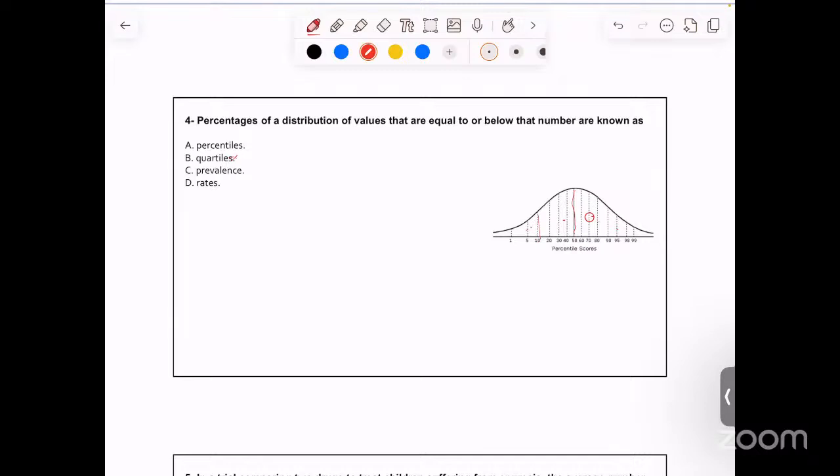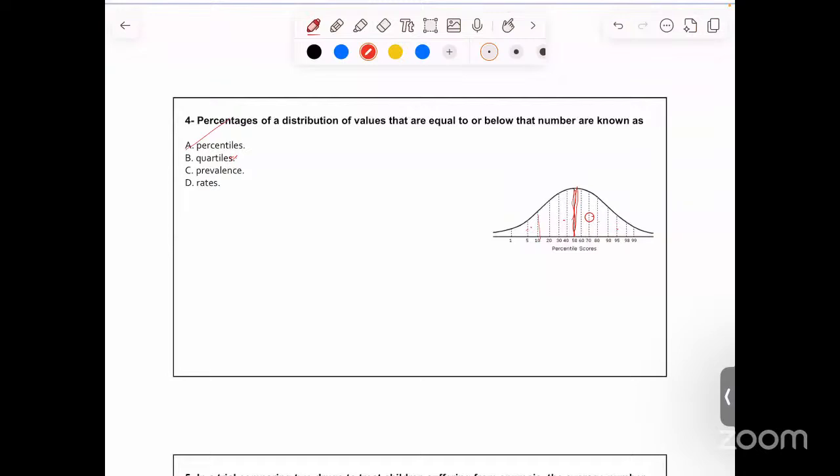Now, what does the question mean? The part that says equal to or less than the number means it expresses the values of the data at this 50th point and everything before it. So when the data is divided into quarters, I call it quartile. When it is divided into percentages, I call it percentiles.